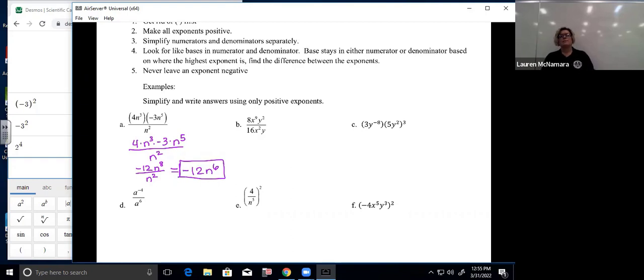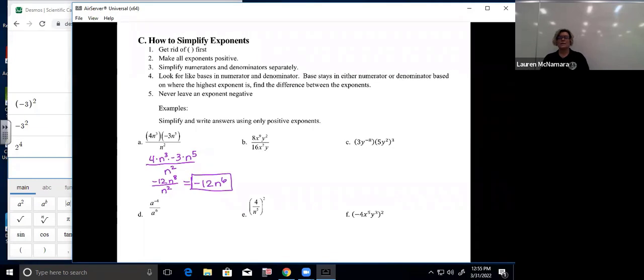All right, let's look at B. Do I have any parentheses? No. Do I have any negative exponents? No. It says simplify the numerator. There's nothing to simplify there. Simplify the denominator, nothing to simplify there. Now I'm going to look for like bases in the numerator and the denominator.